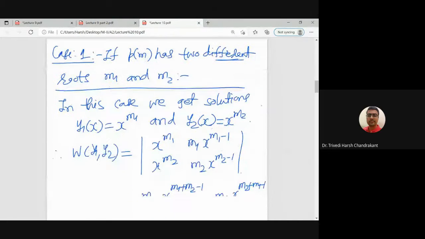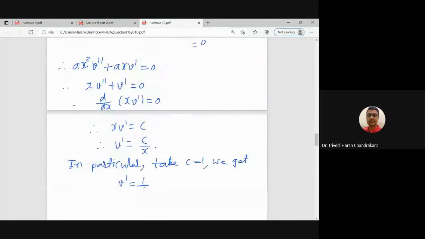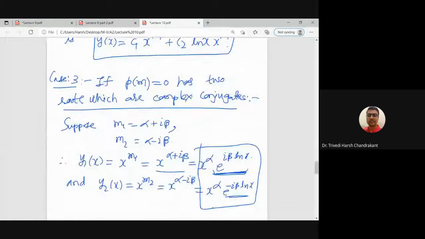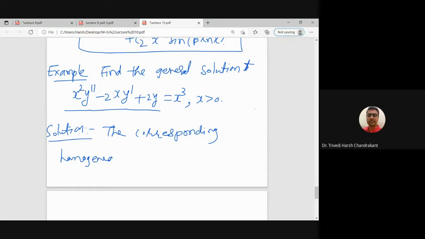So what we shall do, we shall first find the general solution of the corresponding homogeneous Euler-Cauchy equation.